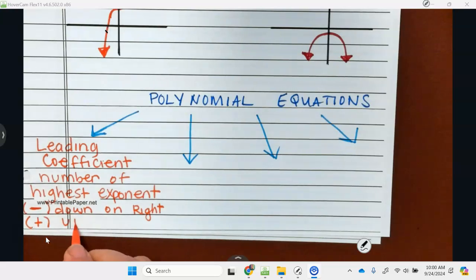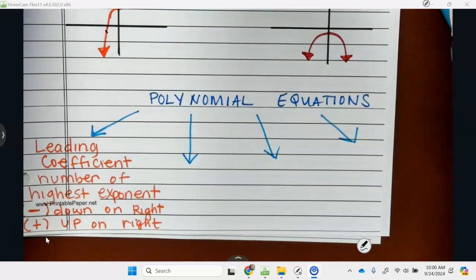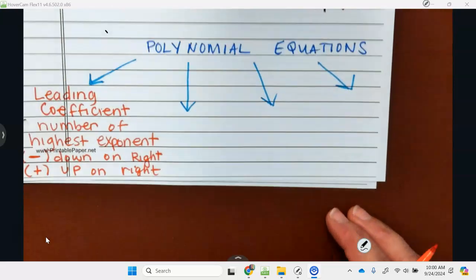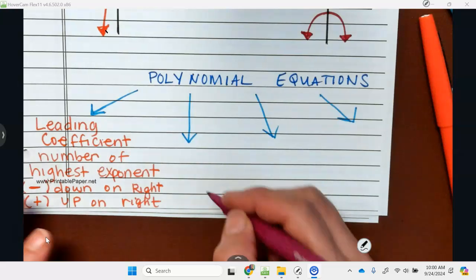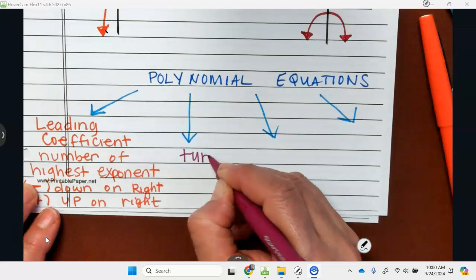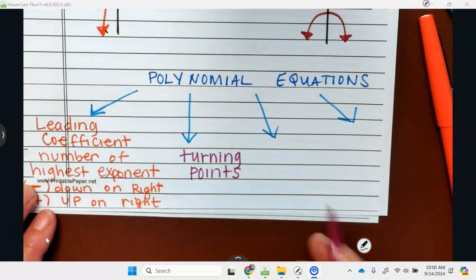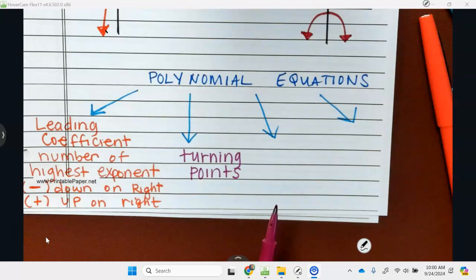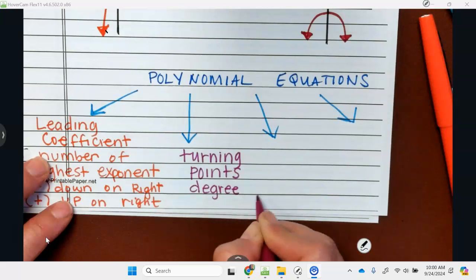Positive leading coefficients are up on the right. So right off the bat, there is a lot of stuff that it provides us. And then we can tell the number of turns that the graph actually makes when it changes from a max to a min. It's called turning points. And turning points are so easy to find because it's degree minus 1. That's all it is. The highest degree minus 1.